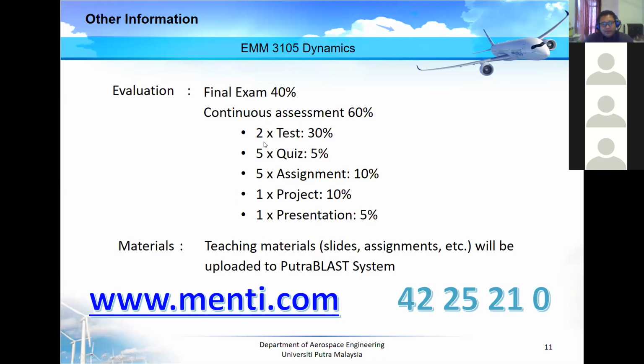Normally, we will have 2 tests. The total marks is 30, either 20 plus 10, 10 plus 20, or equally divided, like 15 for test 1 and another 15 for test 2.